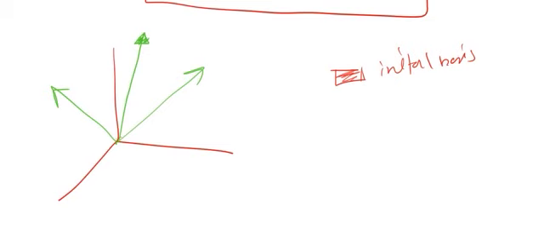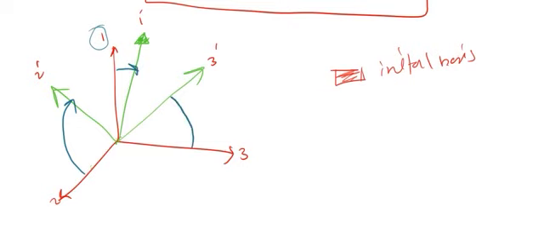So what happens is that, let's say this is 1, this is 1 prime, this is 2, this is 2 prime, this is 3, this is 3 prime. So this 2 gets rotated to 2 prime. This 1 over here gets rotated to 1 prime, and this 3 gets rotated to 3 prime.